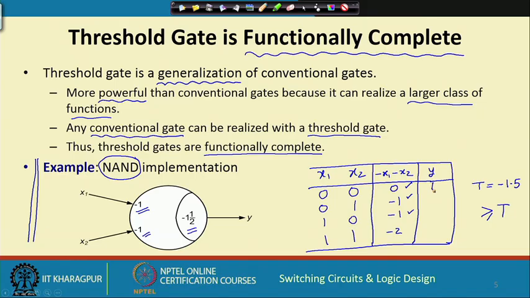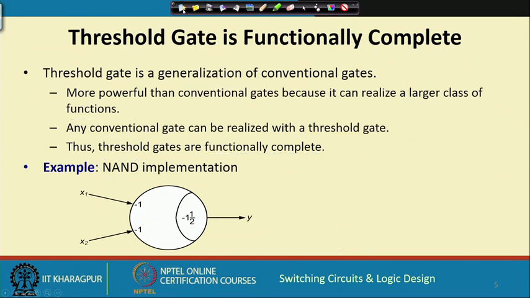So, for the first 3 the output will be 1, and for the last the output will be 0. This is nothing but the NAND function, right? So, we have proved that using a threshold gate we can construct a NAND gate, and therefore it is functionally complete.